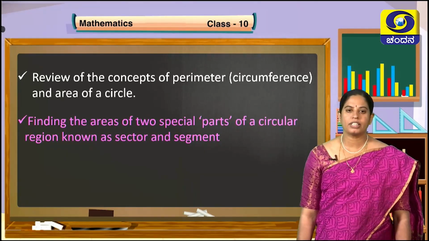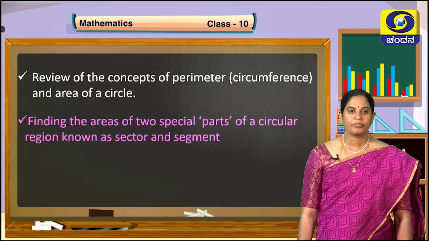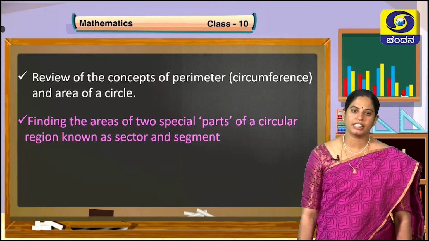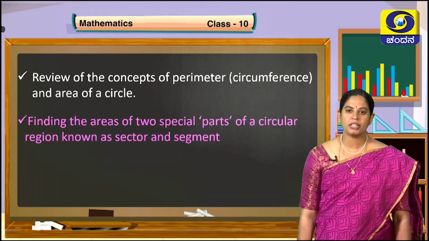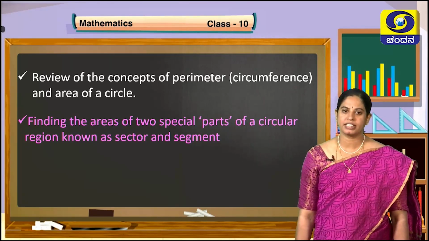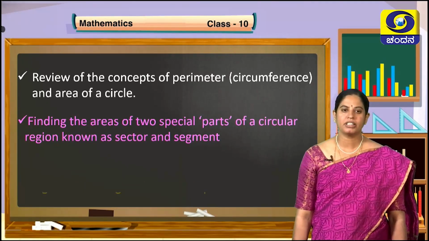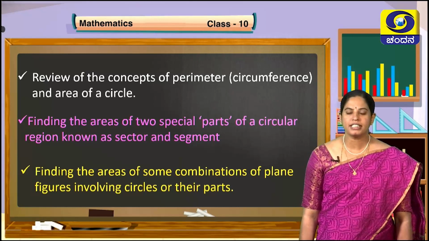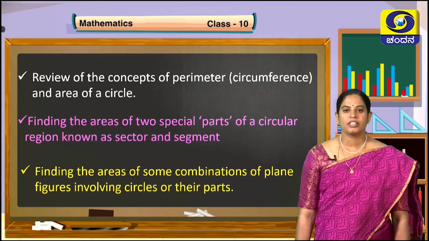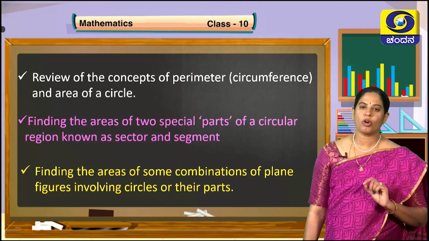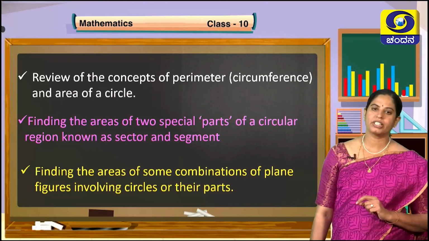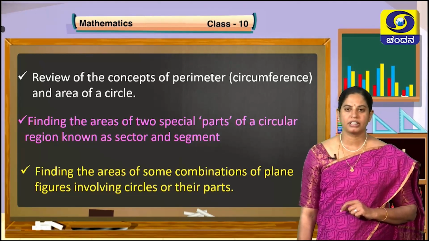Also, we discussed the formulas to find the areas of two special parts of the circle, that is sector and segment. And in the second session, we worked out a few problems related to the sector and segment.